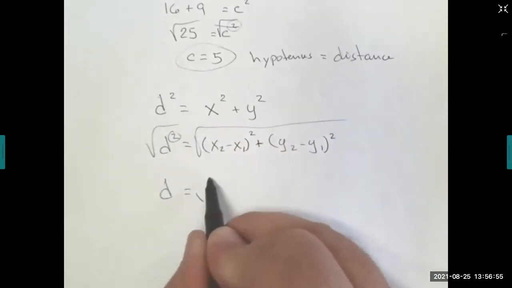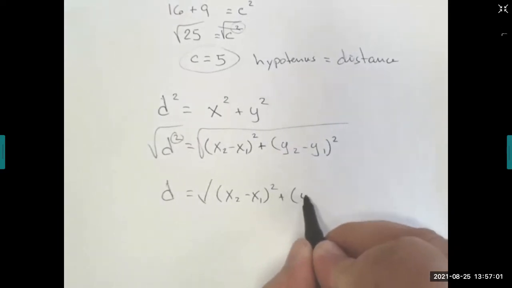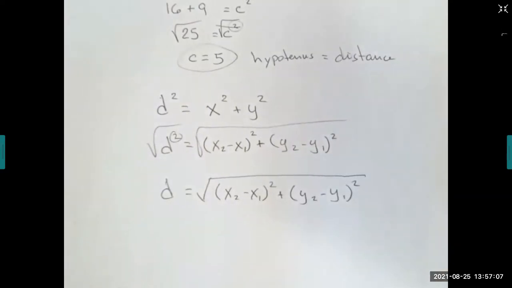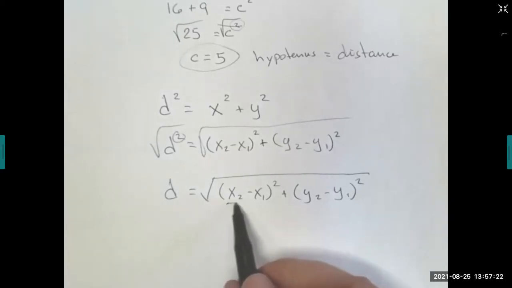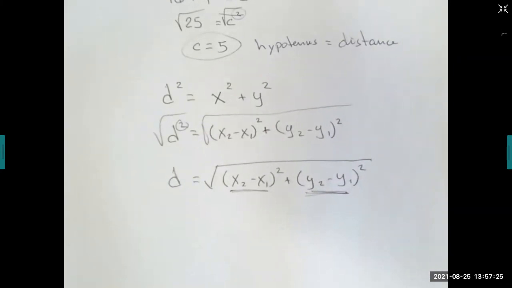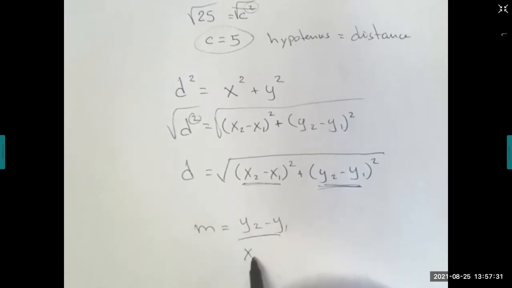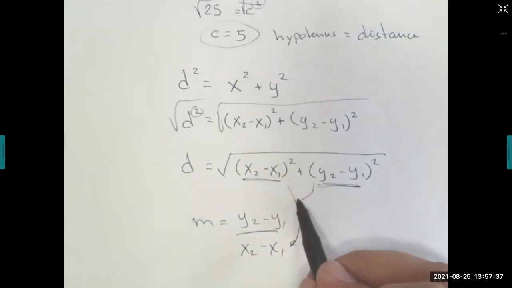So the distance formula is the square root of X2 minus X1 squared plus Y2 minus Y1 squared. There's the distance formula. There's not much work to be done here because if you find the slope, you found the numbers of this. Where do we see these before? Yeah. You have the bottom number here and the top number here.